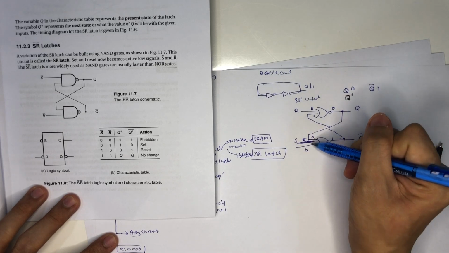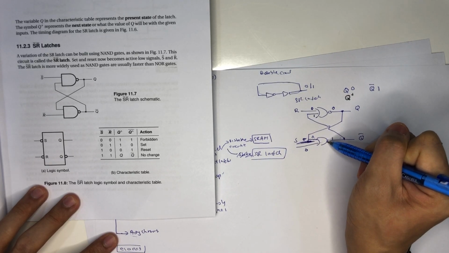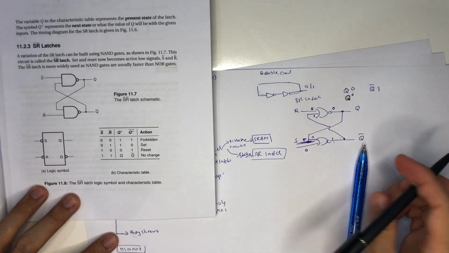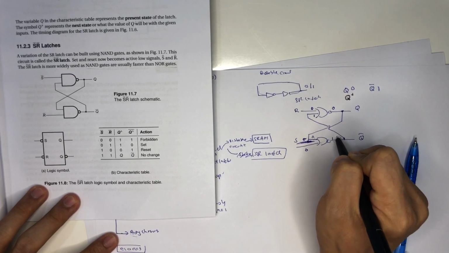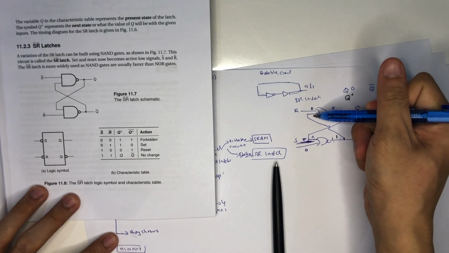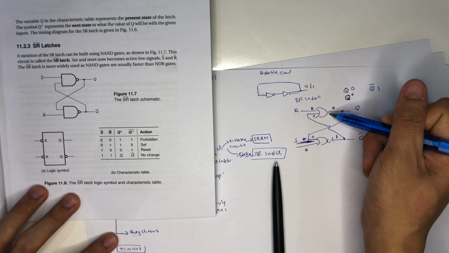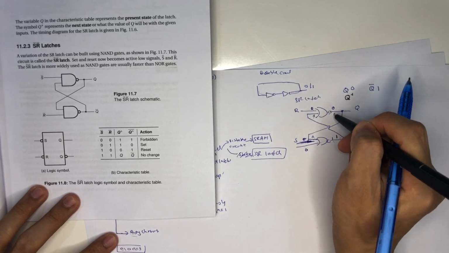Now 0, 0 NOR will result in 1, but you have an inverter, so it will be 1. So you can see the next, which is Q plus, is 1 for the Q bar. And how about this one? 0, 1 will be 1, correct? Am I correct? 0, 1 will be 1, but because you have an inverter, then it will be 0.